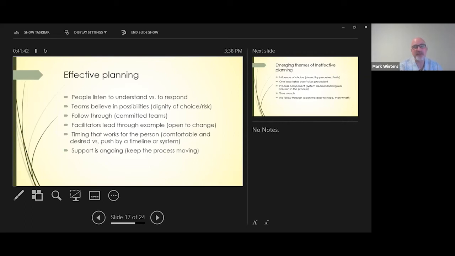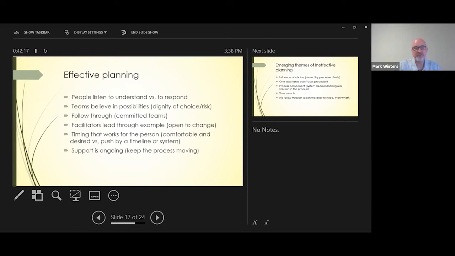I learned what it was like to fall. I learned what it was like to make a mistake. And we quite often put ourselves in a position to be the protector and shelter and put a bubble around the person and say, oh, that's not a possibility because what if this happens or what if that happens? Effective planning holds a space where those conversations change. They change to, okay, if this is what the person wants, how do we make that happen? And how do we support them to keep them safe while this is happening, right?